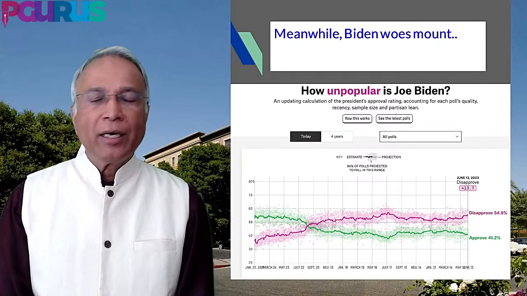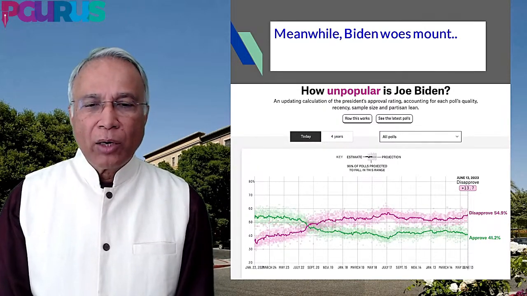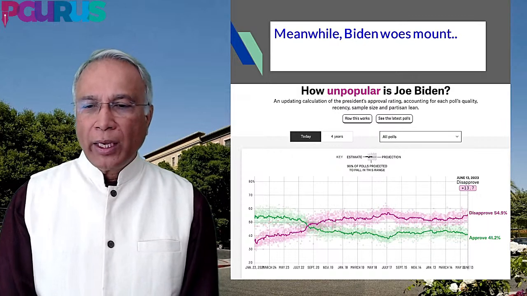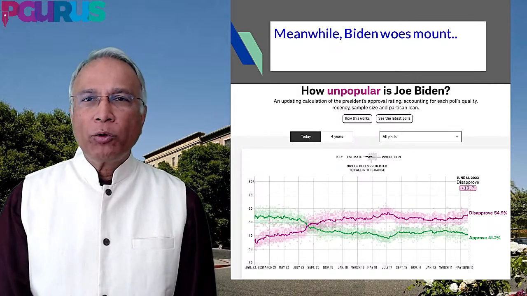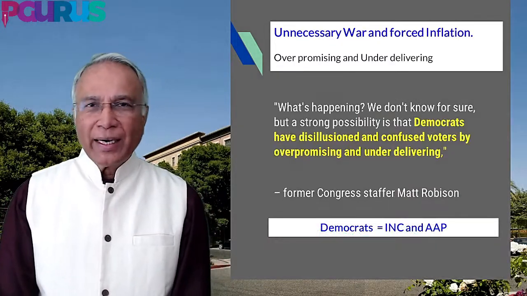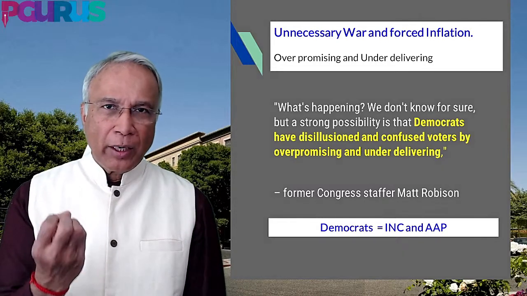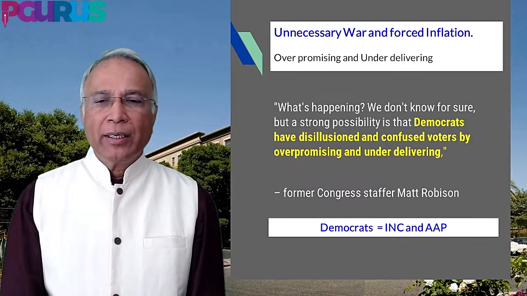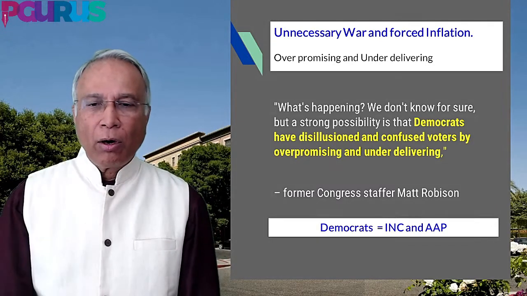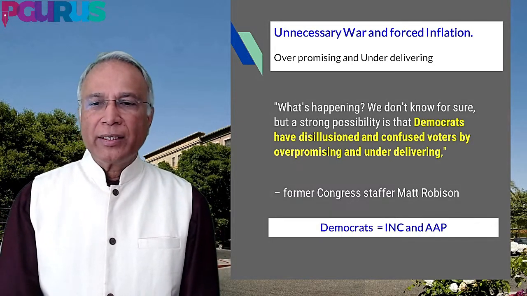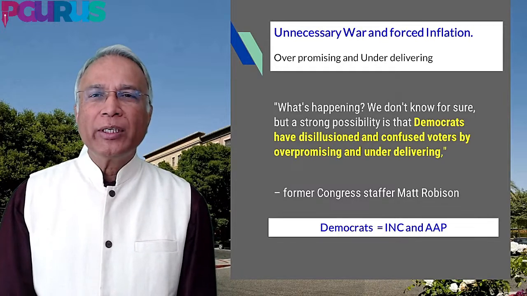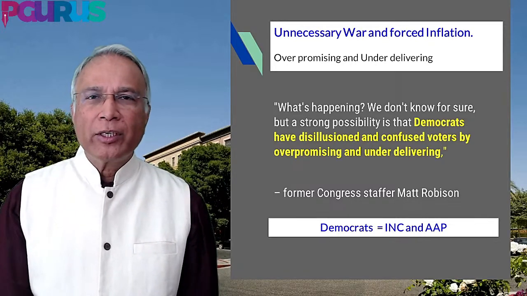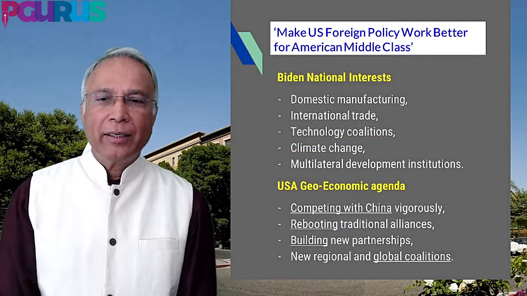And look at the approval rating. Biden started out at around 57 or so, and now he is at 41.2%. So what exactly is happening with the Democratic Party and the Biden administration? Many Democrats think, or at least a former Congress staffer, Matt Robinson, thinks, that Democrats have disillusioned and confused voters by over-promising and under-delivering.